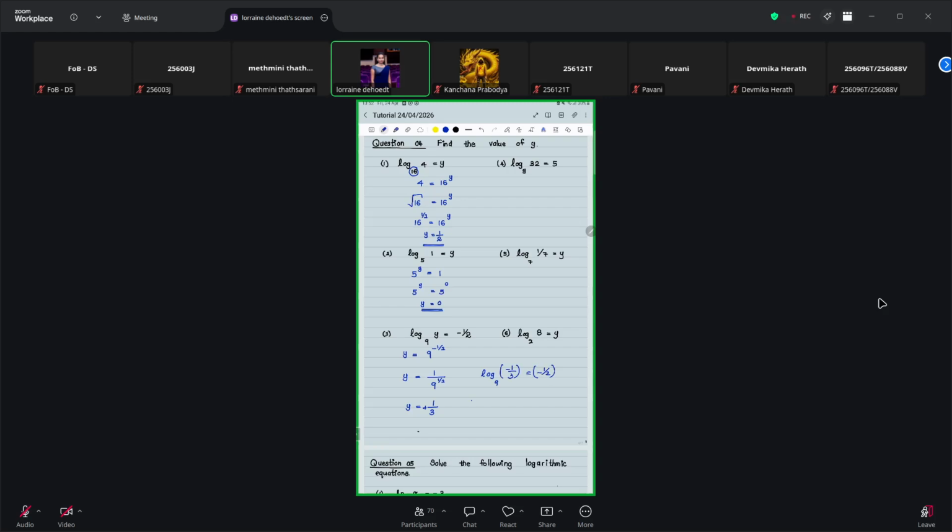You can't get log values for minus terms. That means it can't happen. That's the reason we didn't get the negative part. Is it clear? It's not defined for the minus values. So you can't get minus values.